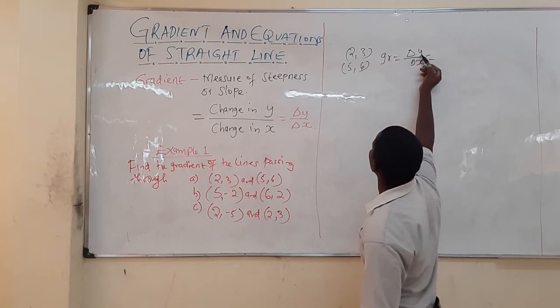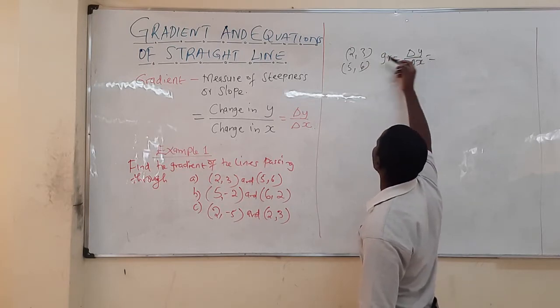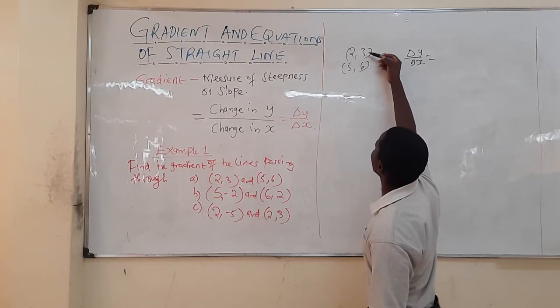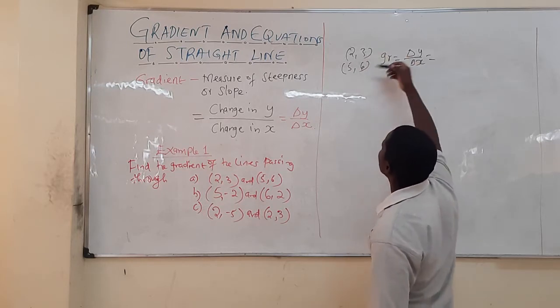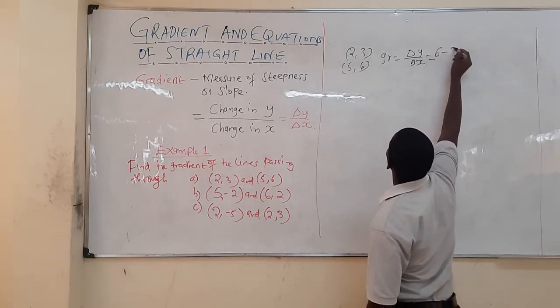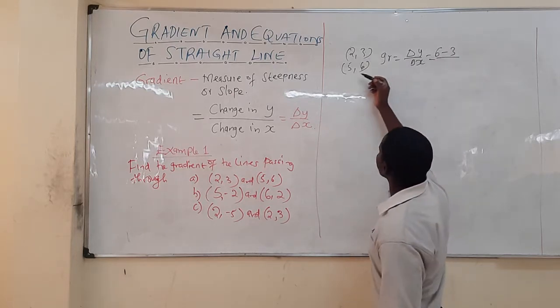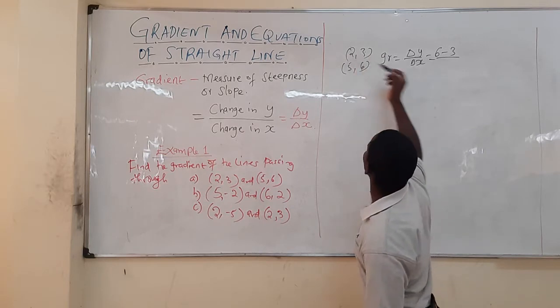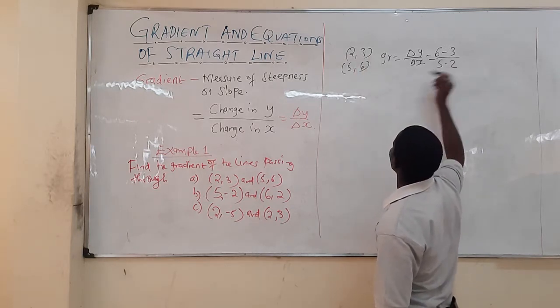So you first deal with the change in y. You can get either this minus this or that minus that, whichever. Let me use the second one minus the first one. So 6 minus 3, divided by 5 minus 2. Remember, don't interchange.